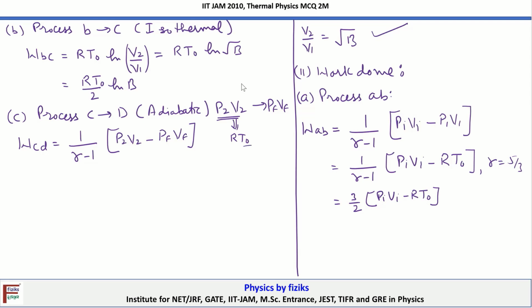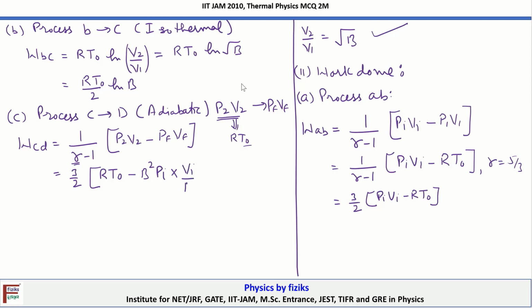If I further substitute the value of gamma, this comes out to be equal to 3 by 2 multiplied by RT naught, and then substitute the value of Pf. What is Pf? That is V squared Pi, and then Vf is Vi upon V, because these values are given to us in the statement.